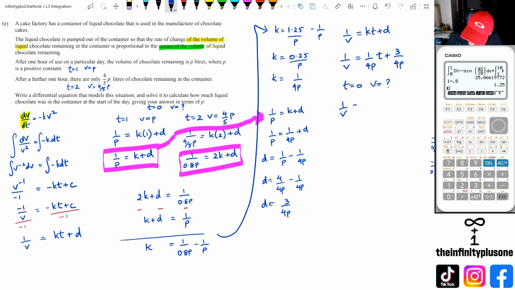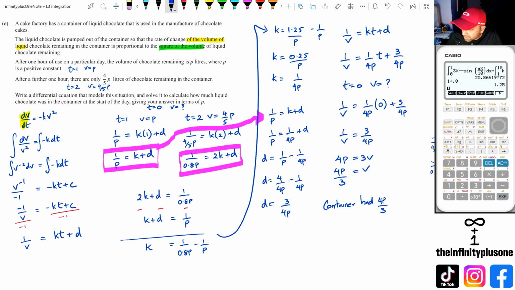So 1 over v equals 1 over 4p times 0 plus 3 over 4p. I'm going to get 1 over v equals 3 over 4p. Cross multiplying, I get 4p equals 3v, and v is equal to 4p over 3. So we can basically say initially the container had 4p over 3 liters of chocolates to start with.